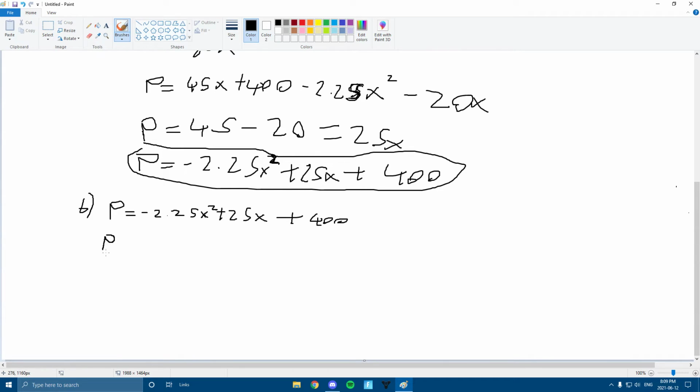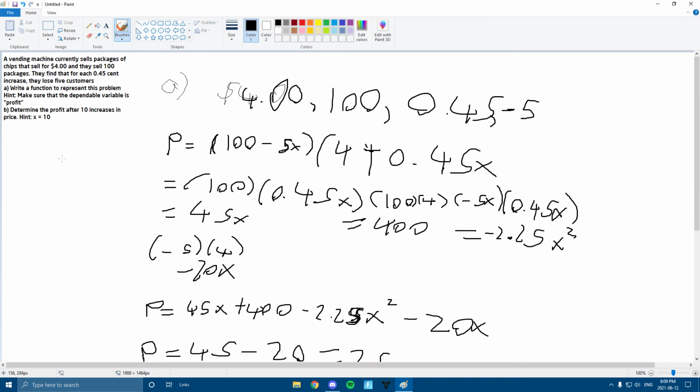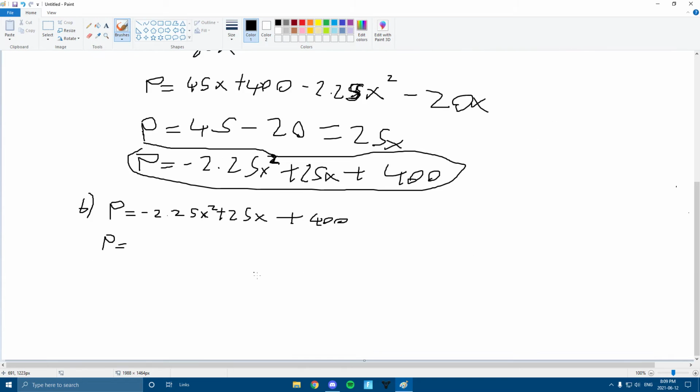Since they gave the hint of 10 as the x, we're going to substitute 10 for the x. So negative 2.25 times 10 squared plus 25 times 10 plus 400.